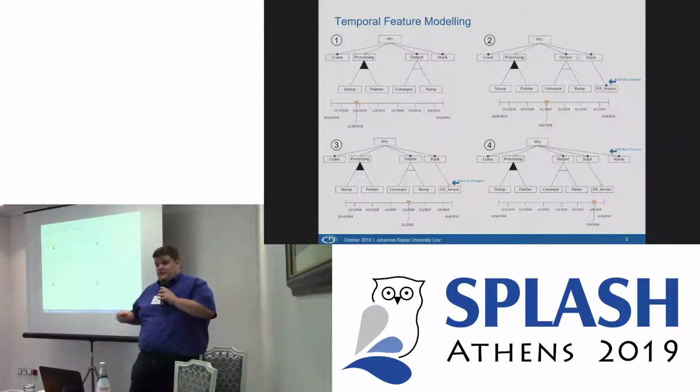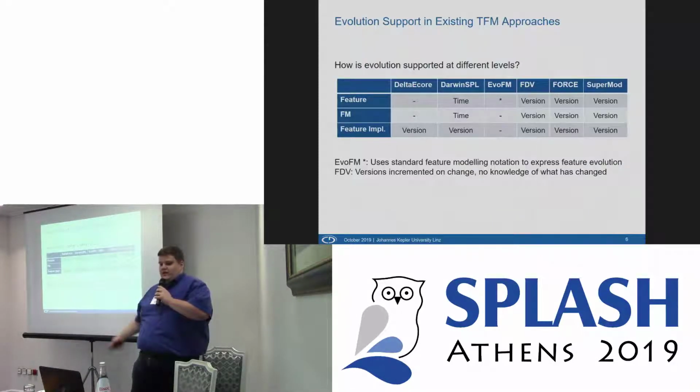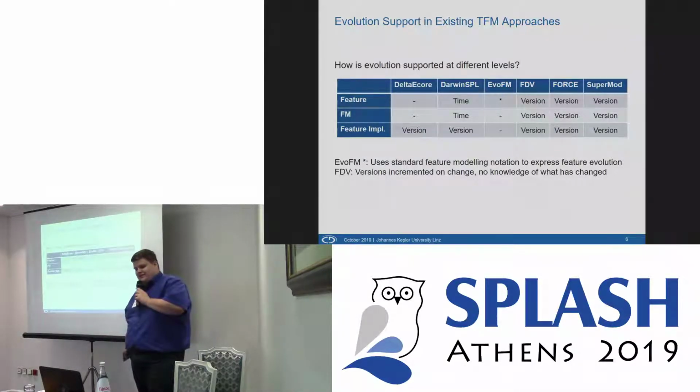So there are a lot of approaches which are already trying to create evolution-aware feature models. And we have analyzed the existing approaches and tried to find what they have in common and what the differences are.